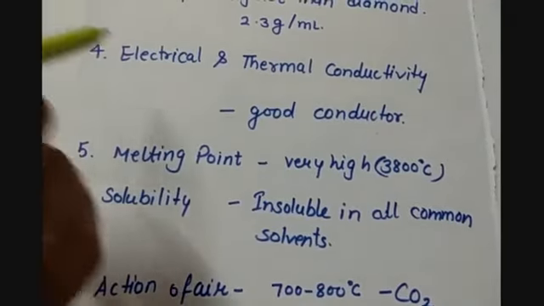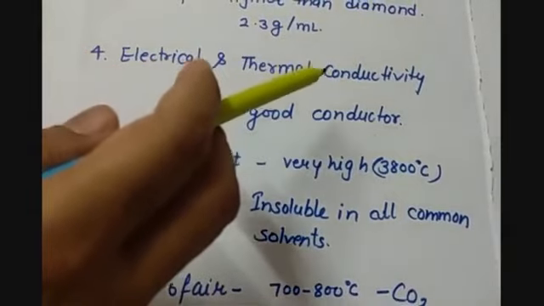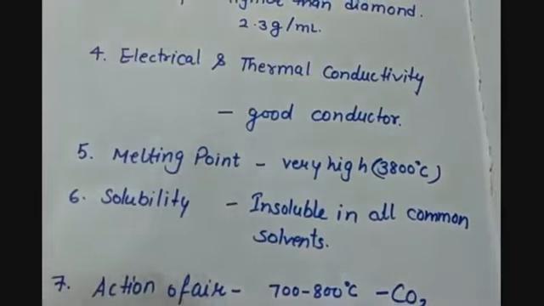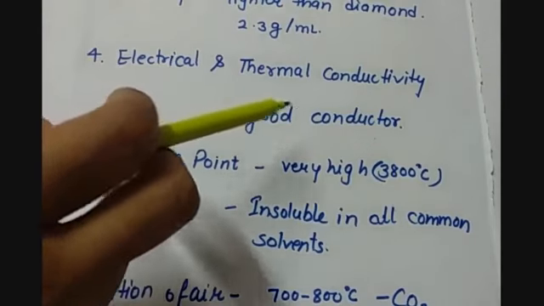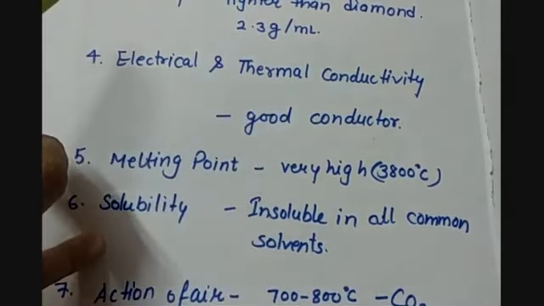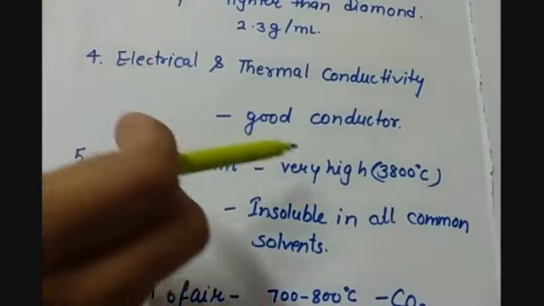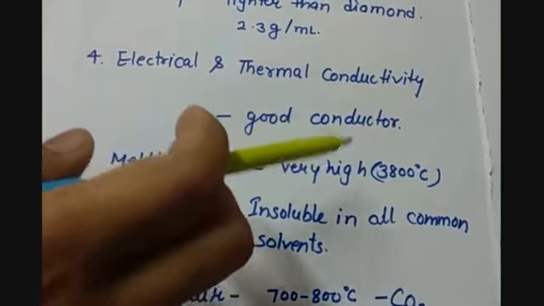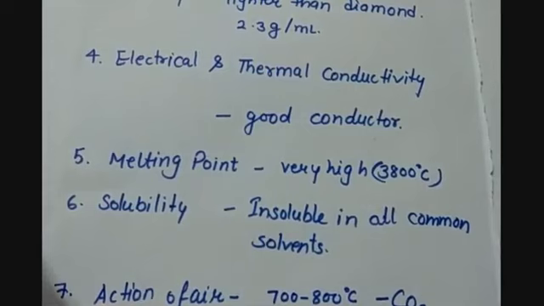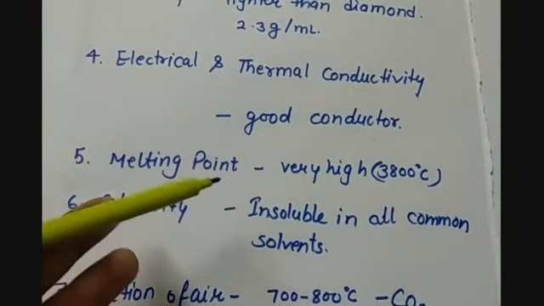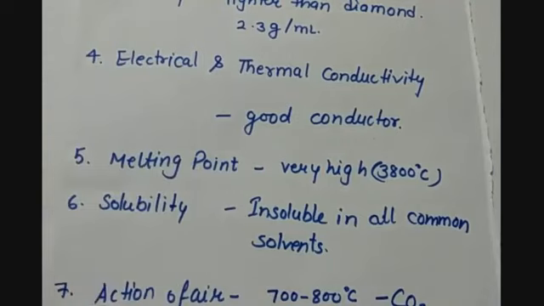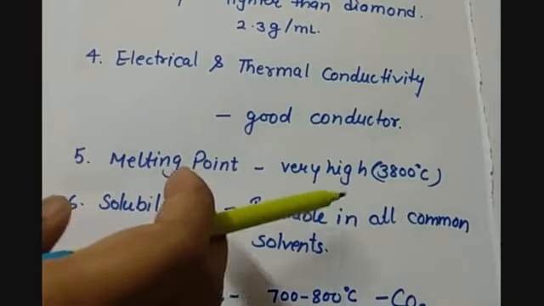If we talk about electrical and thermal conductivity, graphite is the only non-metal which can conduct electricity as well as heat. It is a very good conductor of heat and electricity. Its melting point is very high, around 3800 degrees Celsius.